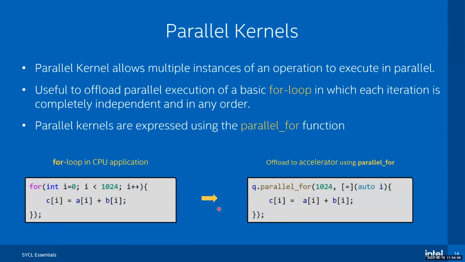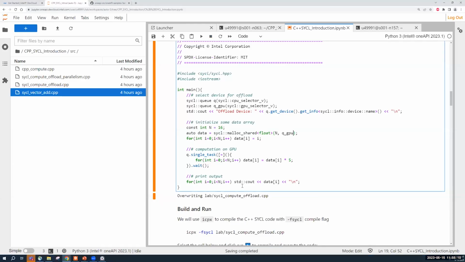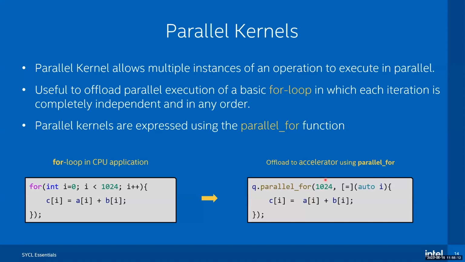So there are different kinds of kernels. We have the parallel kernels. We looked at this one. A simple for loop in a CPU application can be written using parallel for when we are trying to offload it to a GPU or any other accelerator, right? Mainly it's the same as a for loop, but each one of the items gets executed in parallel.